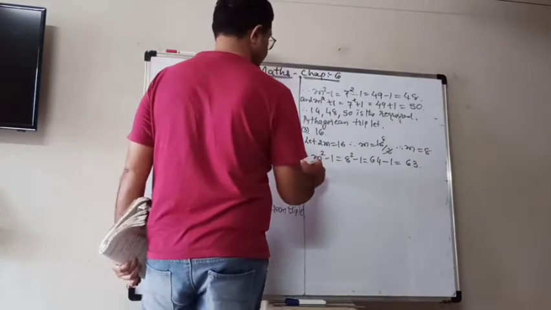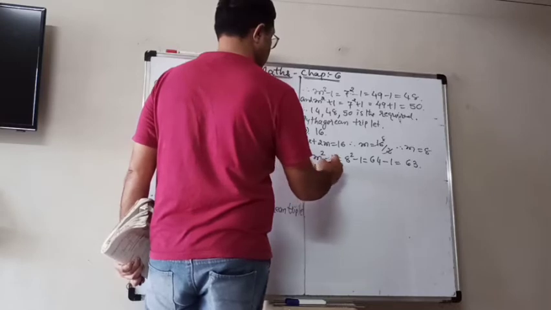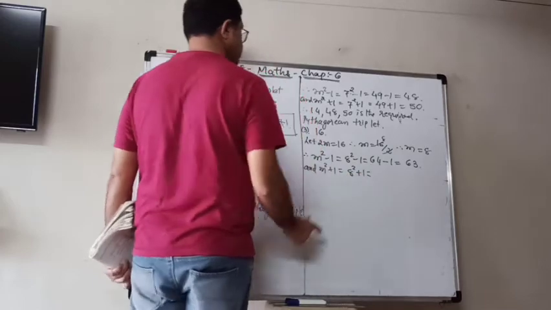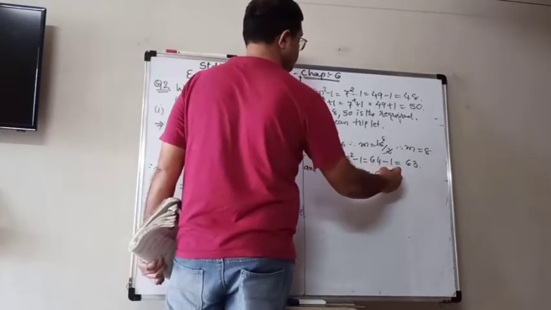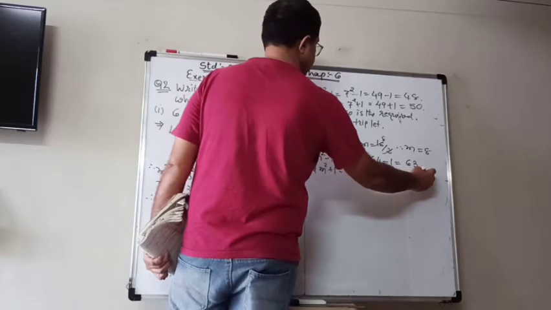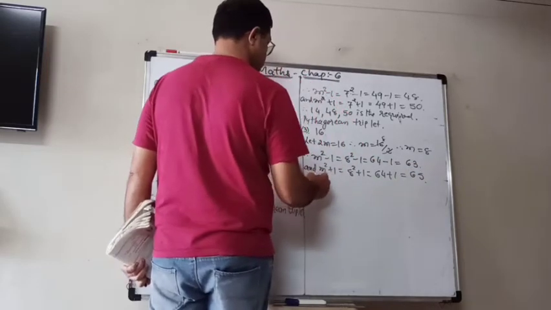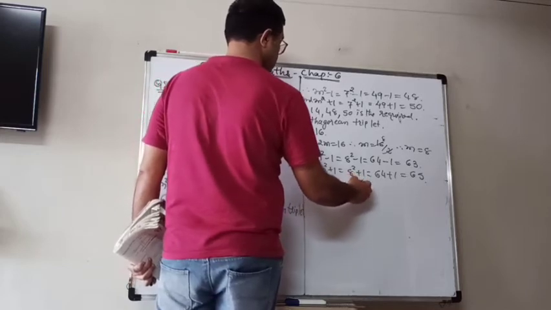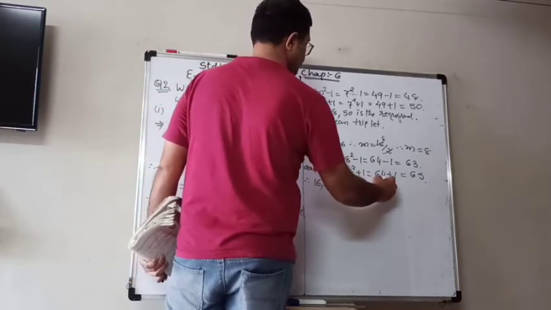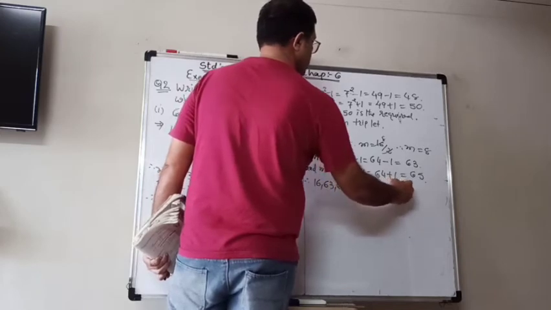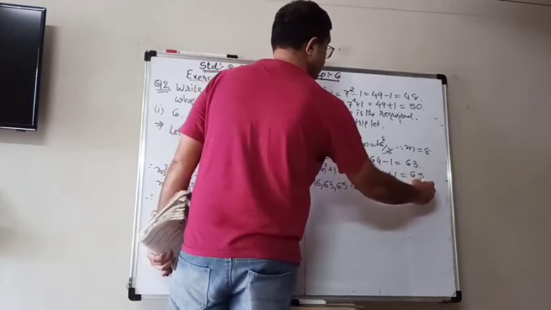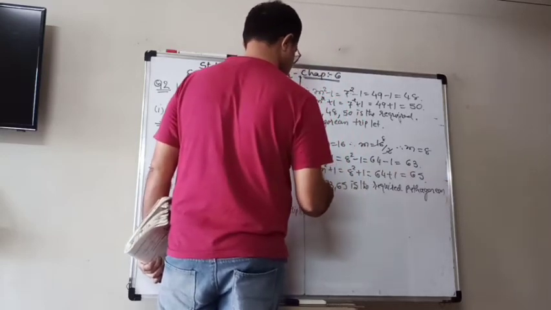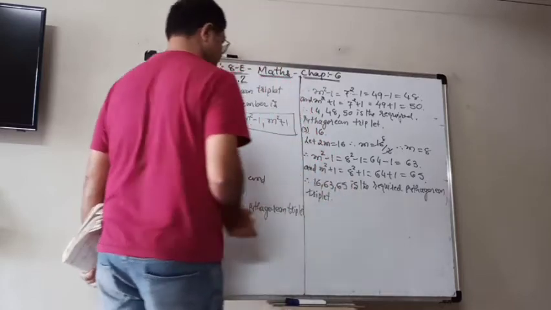And m square plus 1 is 64 plus 1, that is 65. Therefore 16, 63, 65 is the required Pythagorean triplet.